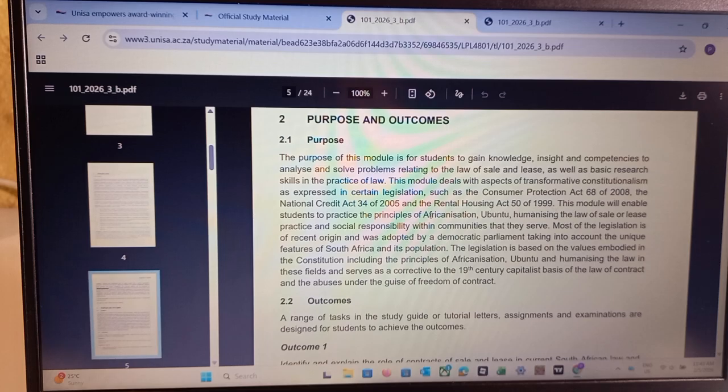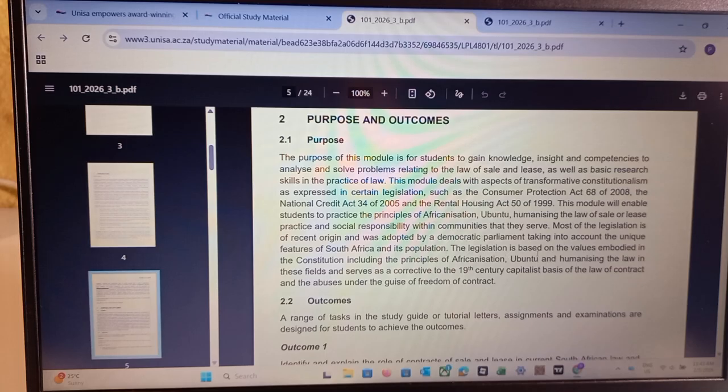This module will enable students to practice the principles of Africanization, Ubuntu, humanizing the law of sale or lease practice, and social responsibility within communities that they serve. Most of the legislation is of recent origin and was adopted by a democratic parliament, taking into account the unique features of South Africa and its population.